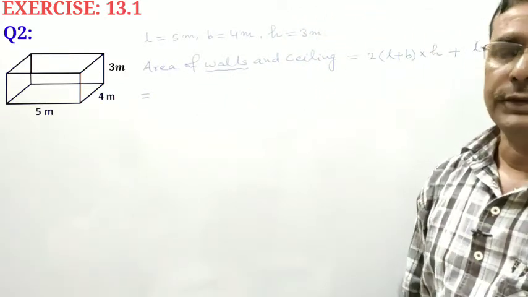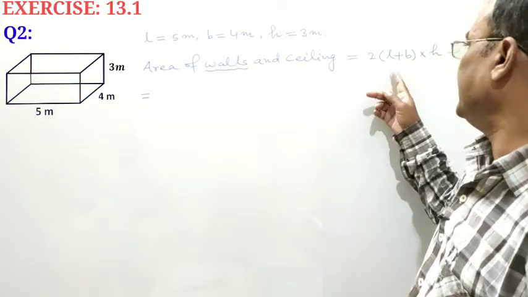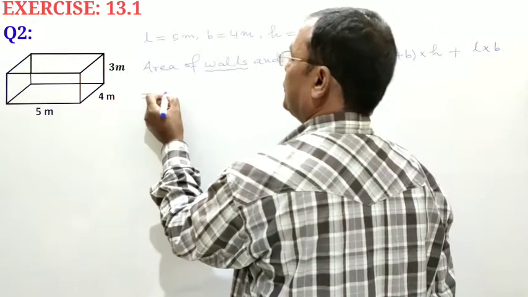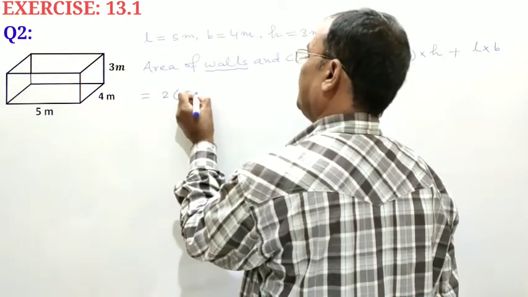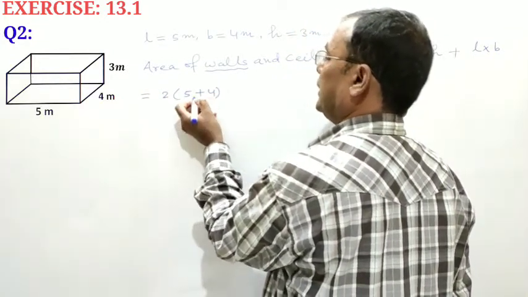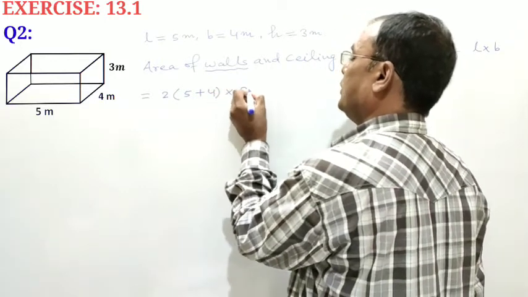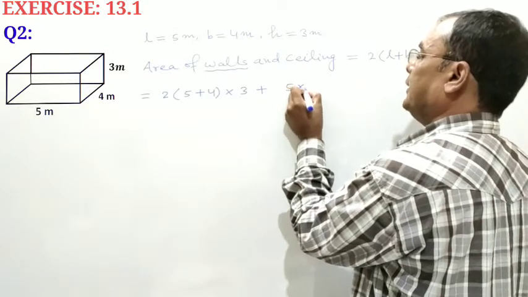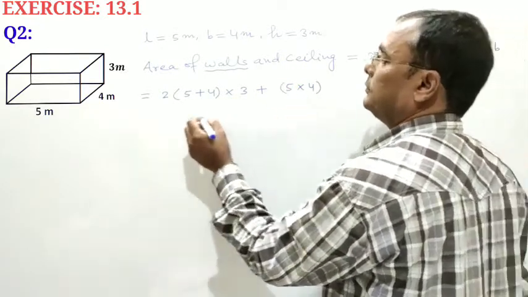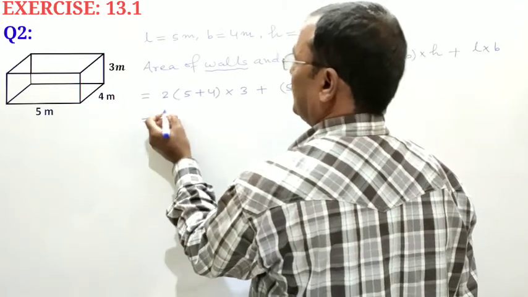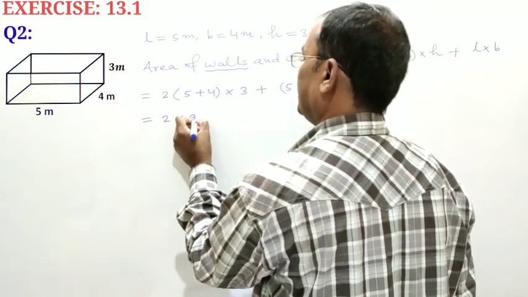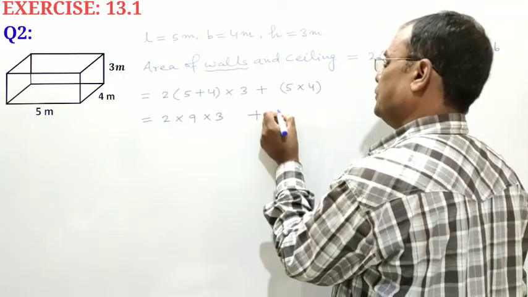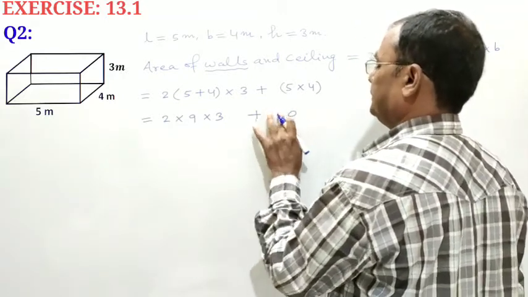Now let's put values of length, breadth, height in this expression. So 2 into 5 plus 4, length plus breadth, into height 3, plus length into breadth, 5 into 4. Simplify: 2 into 9 into 3 plus 5 into 4, 20.